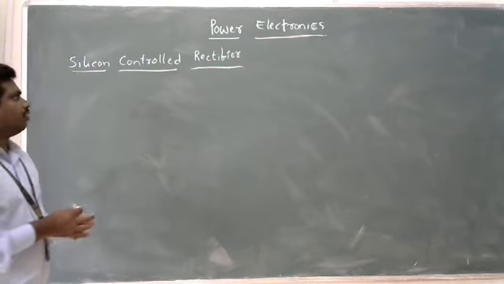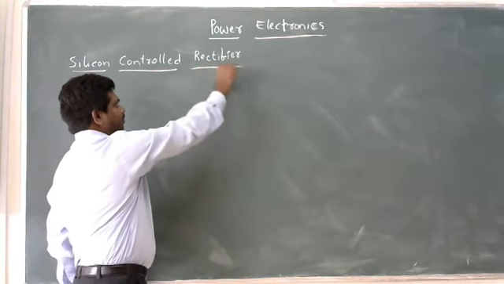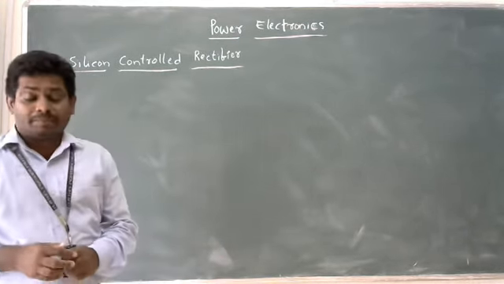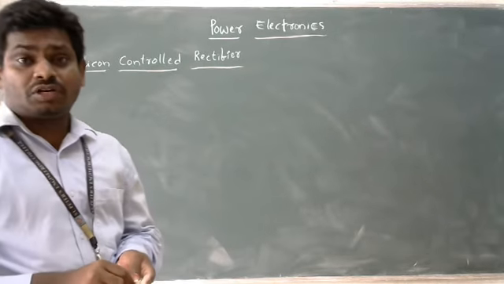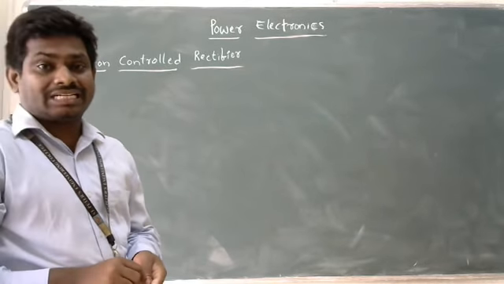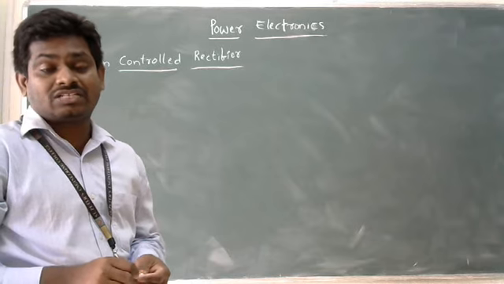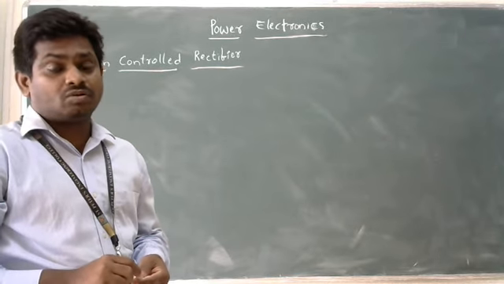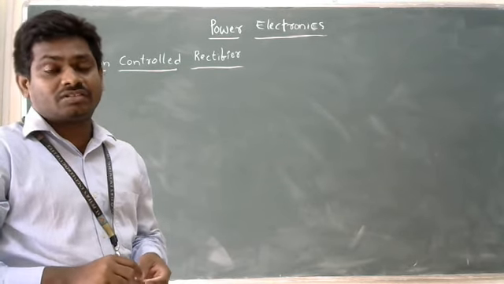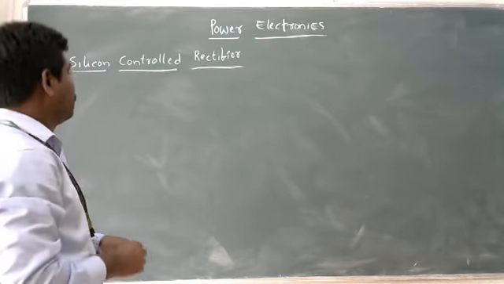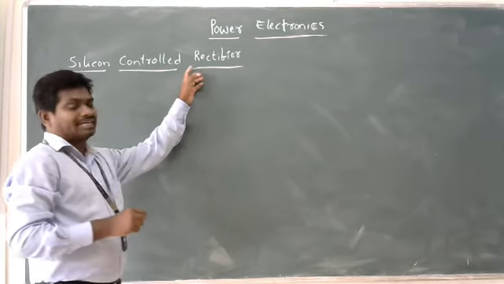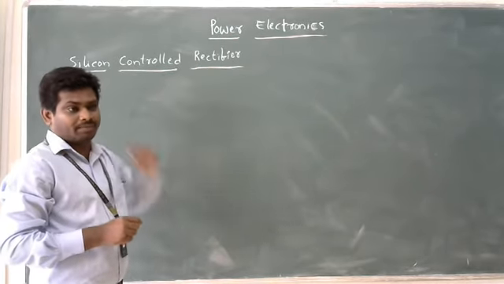Rectifier means, based on the application that we are going to use this device, it is more popular in usage of rectifier, which we use to convert AC power supply into DC power supply.